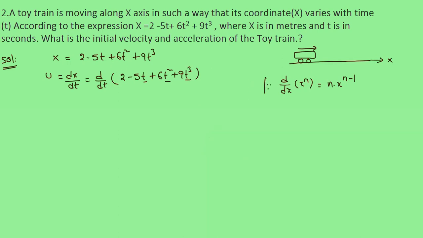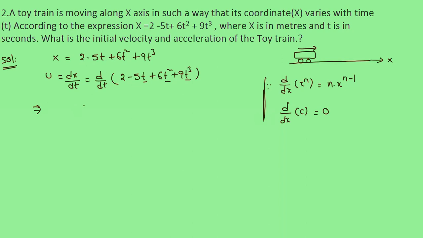And d by dx of any constant value is 0, because if it is a constant, there is no slope. Now let us do that. Separately I am writing it, because each term can be separated. How many terms are there? 1, 2, 3, 4.